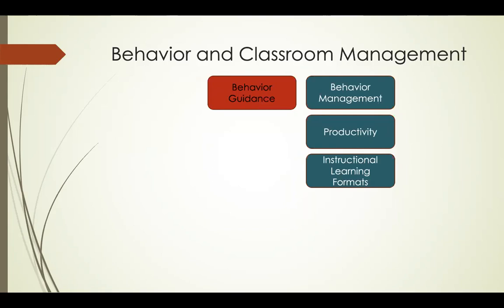And behavior and classroom management is shown through these indicators of behavior management, productivity, and instructional learning formats. These are, again, more categories that we see the CLASS tool broken down into.